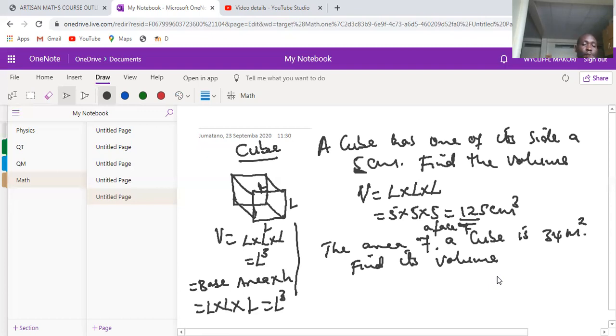Find its volume. Then you need to understand that the face is one side of that cube.